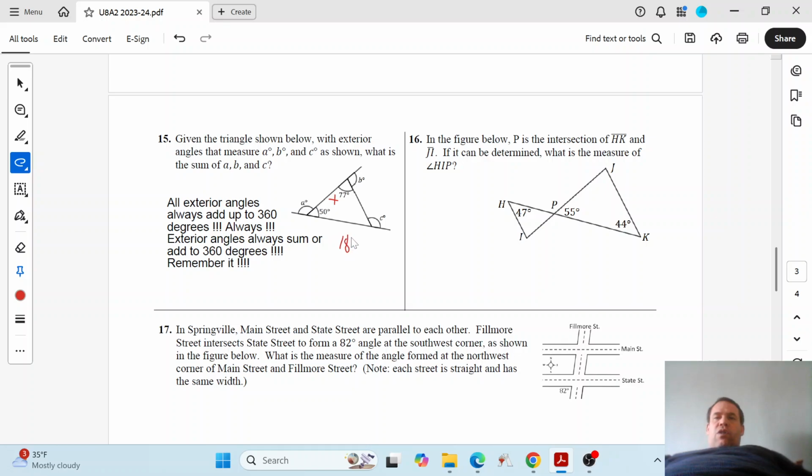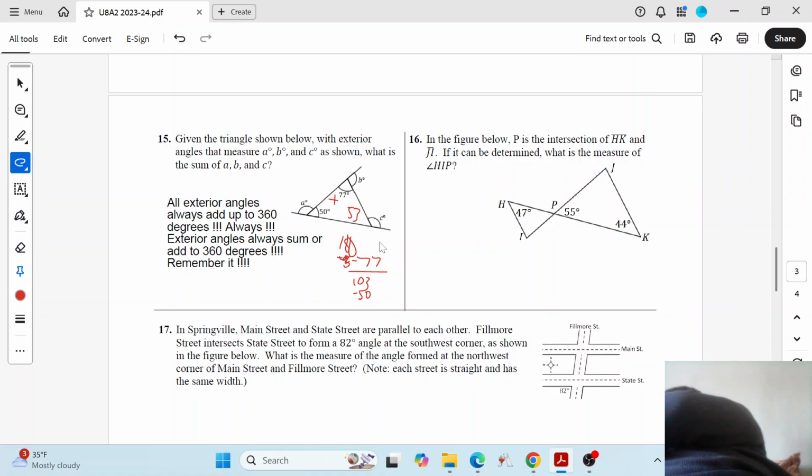And so if we go 180 minus, let's do minus 77 first, that'll give us 103. And then 103 minus 50 is 53. So that means this angle is 53.